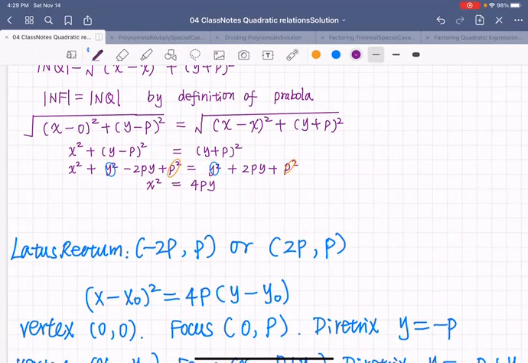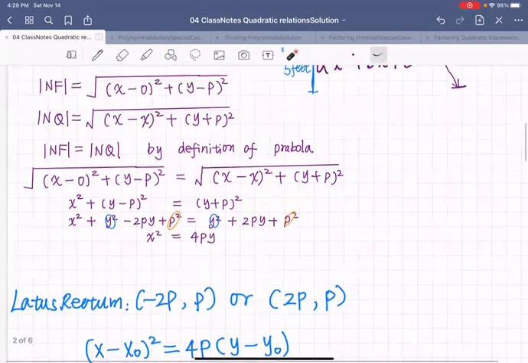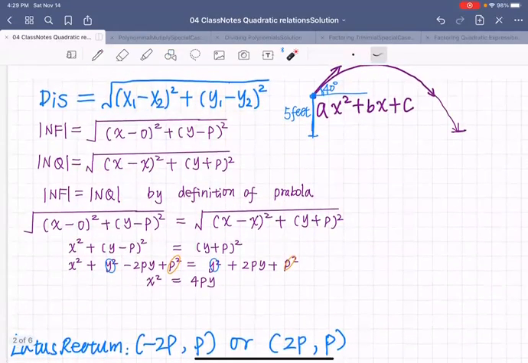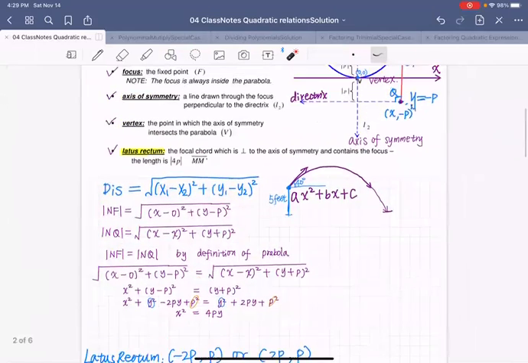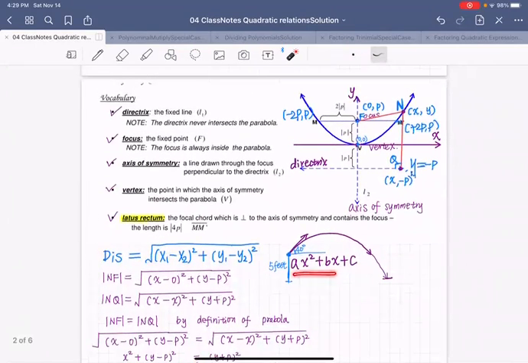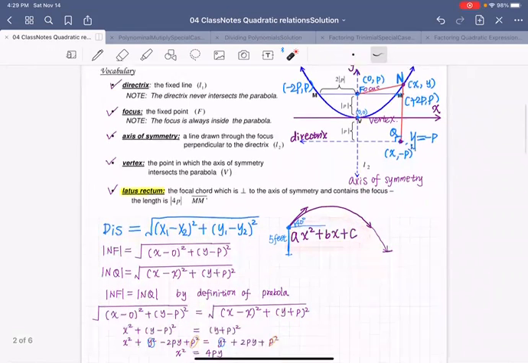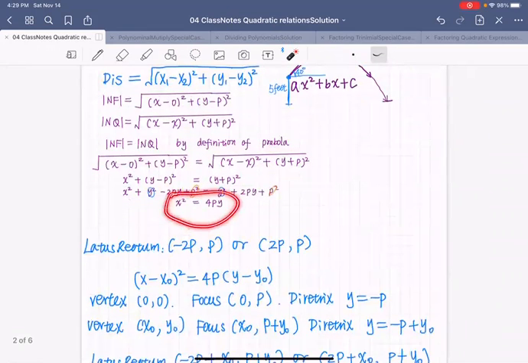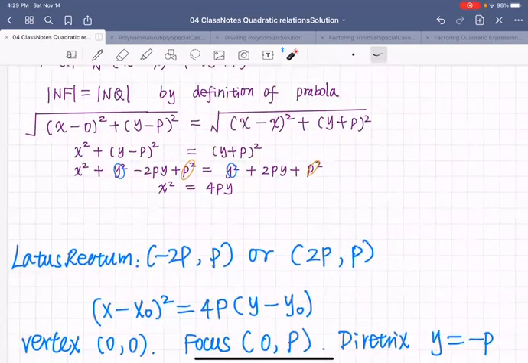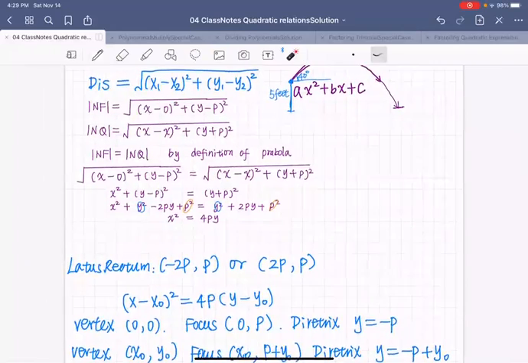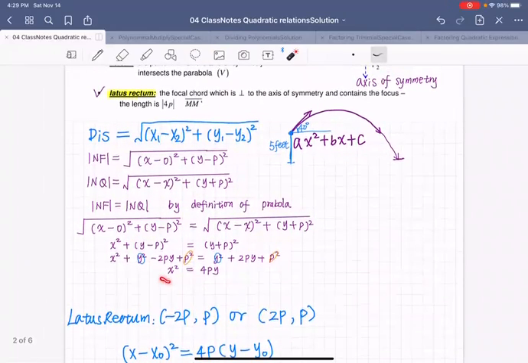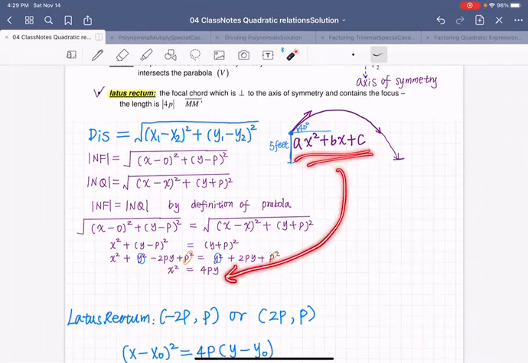So you see here, that's very interesting, because originally the parabola function looks kind of complicated. But now you can change this to a very simple format. That's interesting.